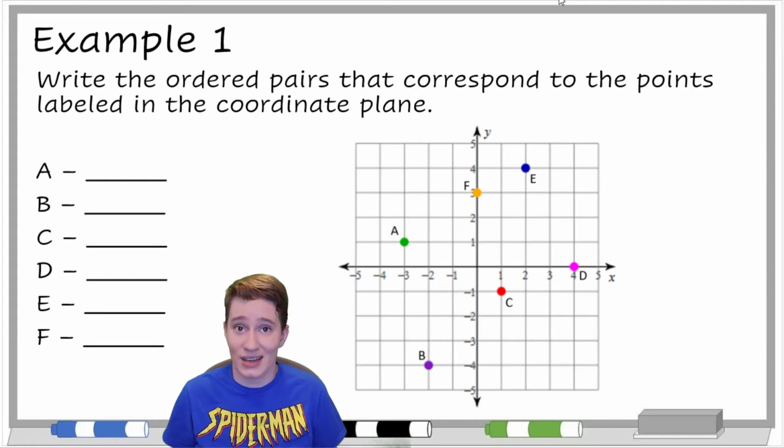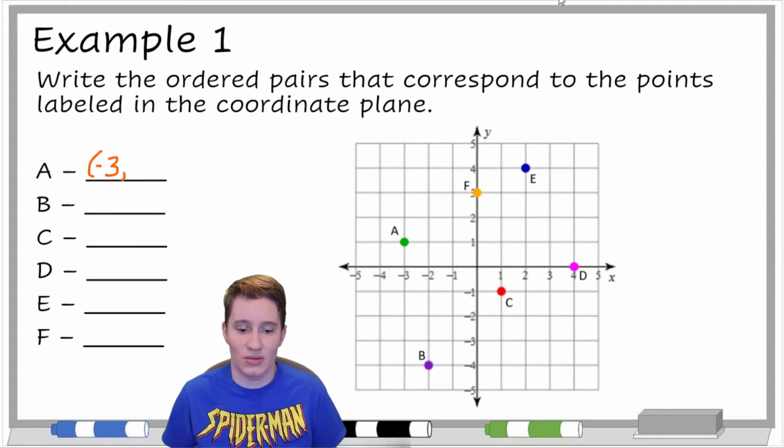All right, let's look at A, which is this green dot here. So first we look at our left to right because we look at the x-axis first. From the origin, this green dot is over to the left 3 places, which means that our x-coordinate is at -3. So I'm going to write open parentheses -3, comma, and then I'm going to look at the y value.